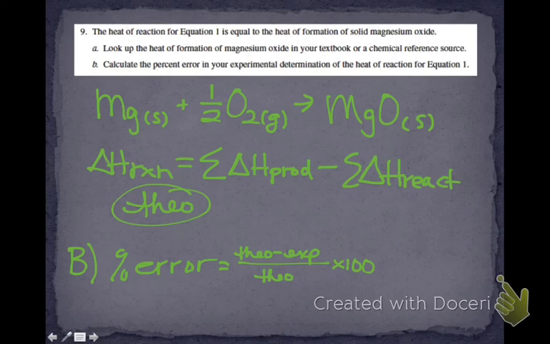So this is going to tell you how close or how far off you were from the theoretical value that you should get for the formation of magnesium oxide, and you're going to compare it to what your experimental data showed you. So this will kind of give you an indication of how well you did your experiment. What was your percent error?